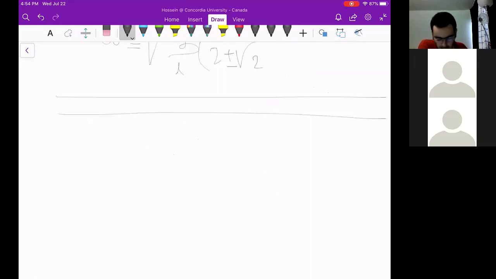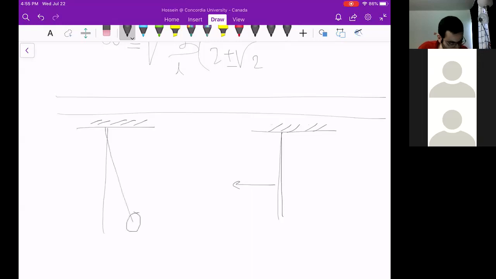If I plot here a very, very small motion theta, I just magnify it for the sake of simplicity like this. I can relate rotational motion to linear motion, which is simpler for me. So this is L, this is X1.